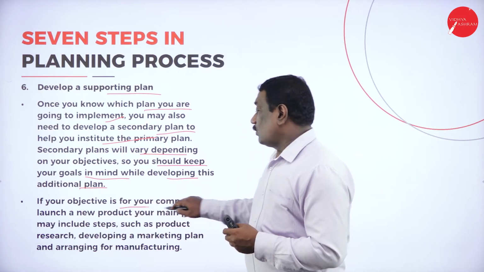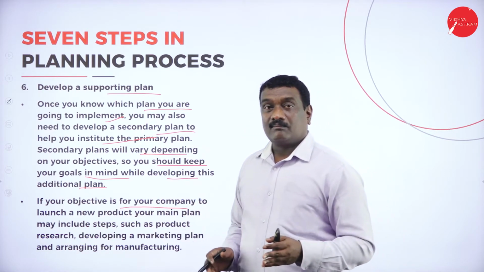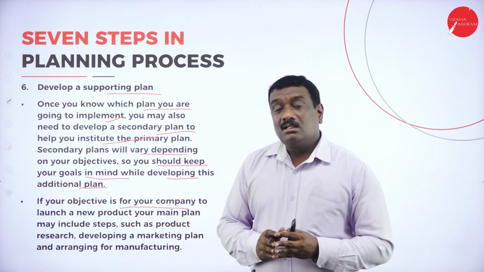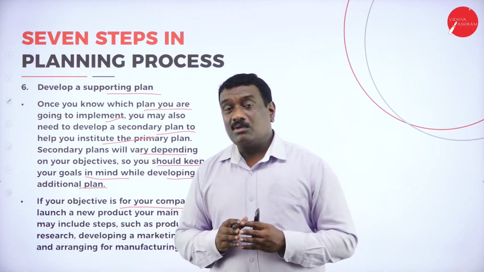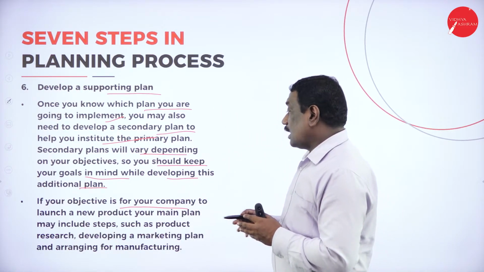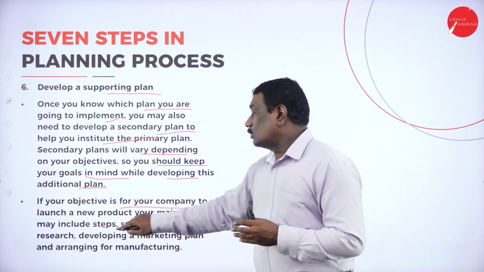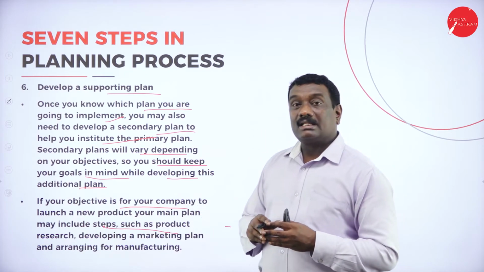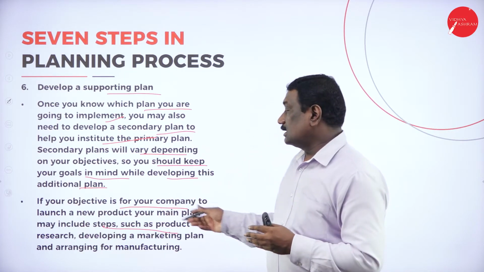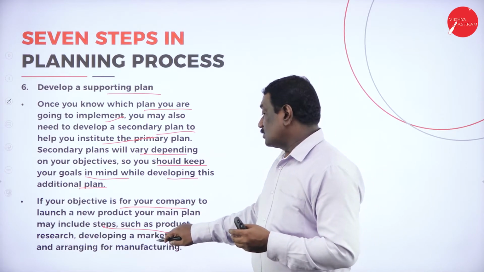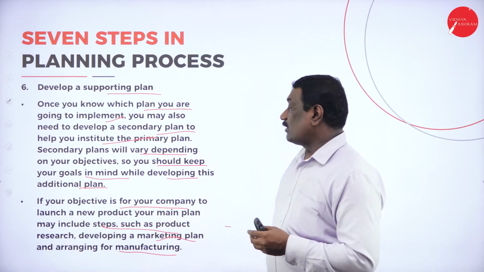Now if your objective is for your company to launch a new product, and your main plan may include steps such as product research, developing the marketing strategies or plan, and arranging for the manufacturing.